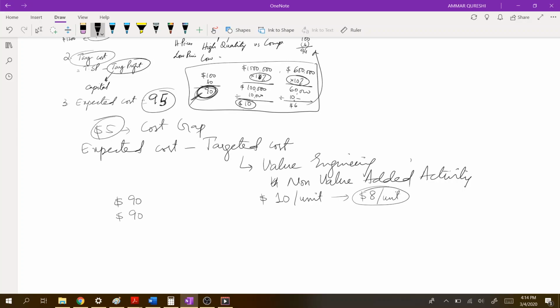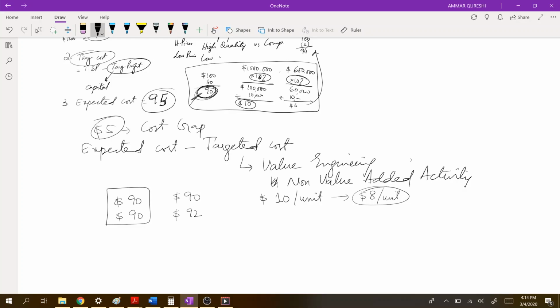If that is the case, then you were successful in applying target costing. But there can be a situation when the targeted cost is $90, but your research and development department says that, look, the lowest cost at which we can produce this product, considering the time constraint, is $92. We cannot produce at less than $92.